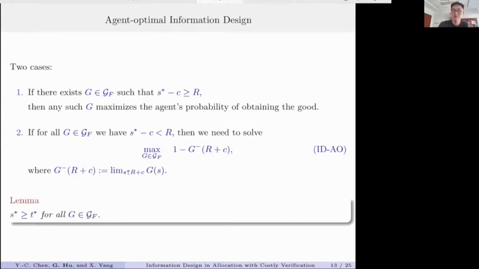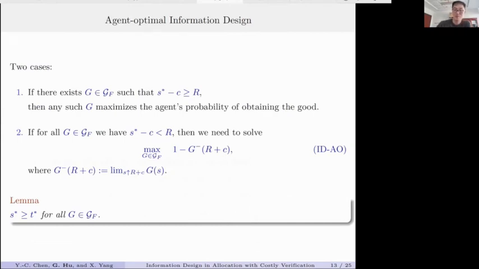This is how: when we choose a mean preserving contraction, the threshold will be pushed up. So S star is greater than T star, if we define T star as that special type defined by the underlying distribution F. So a mean preserving contraction will push up the special type.